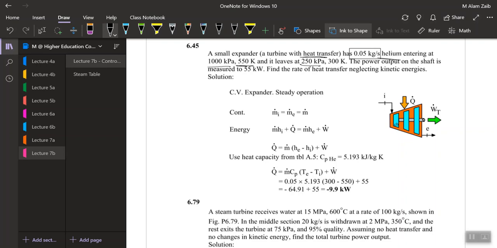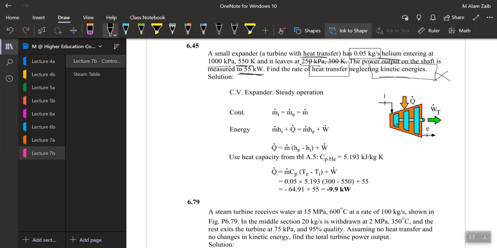The power output of the shaft is 55 kilowatts. Find the rate of heat transfer, neglecting the kinetic energy. So there is no need of kinetic energy, and there is no mention of potential energy changes either, so we are ignoring the potential energy changes as well.